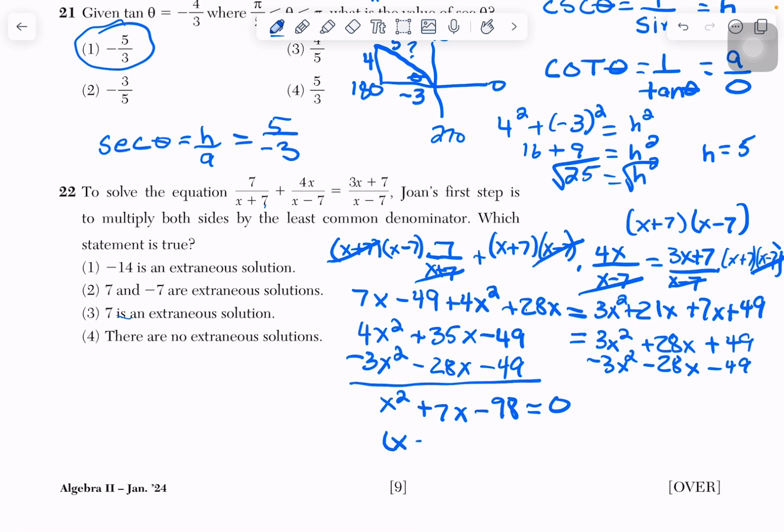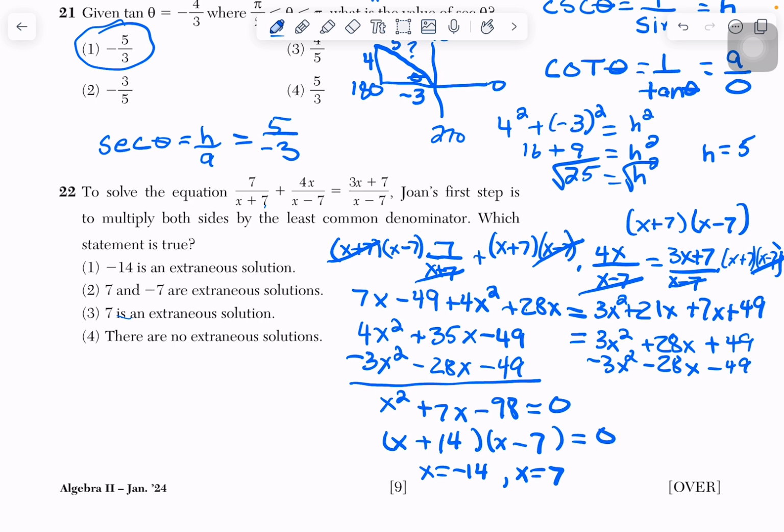This is going to be x plus, x minus. Two numbers that multiply to be negative 98 and add up to be 7 are 14 and 7. Okay, so x is equal to negative 14 and x is equal to 7, right?